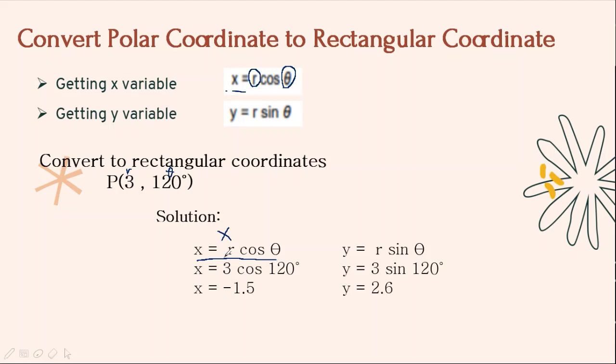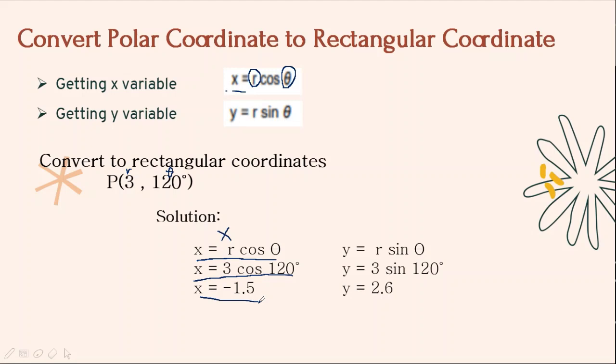So we will just substitute the r, so 3, then cosine, then our theta, which is 120 degrees. Then you can use your scientific calculator again. Then the answer is negative 1.5. So that is our x variable.